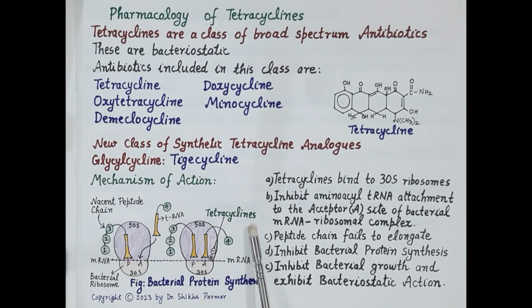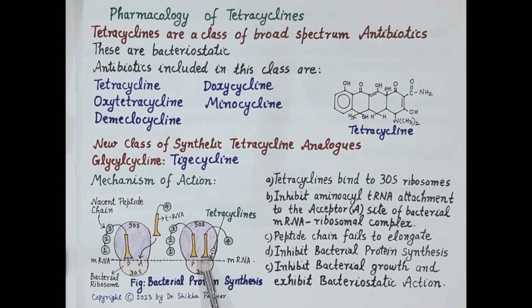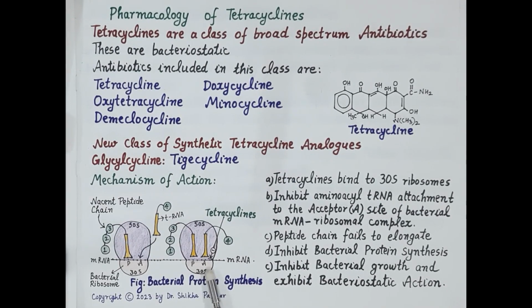Now tetracyclines bind to the 30S subunit of ribosome and they inhibit attachment of this aminoacyl transfer RNA to the acceptor A site of the bacterial messenger RNA ribosomal complex. Since they inhibit the attachment of this transfer RNA, they also prevent transportation of this new required amino acid.